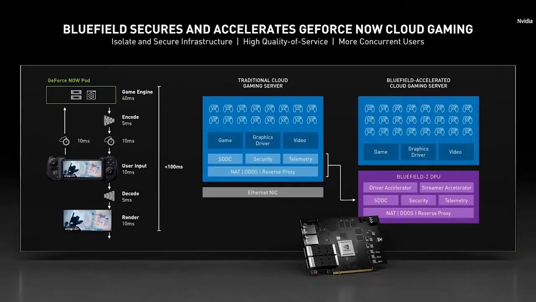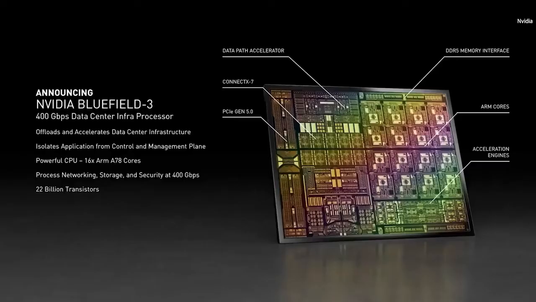With Bluefield, we can isolate the infrastructure from the game instances and offload and accelerate the networking, storage, and security. Though we're just getting started with Bluefield 2, today we're announcing Bluefield 3, 22 billion transistors, the first 400 gigabit per second networking chip, 16 ARM CPUs to run the entire virtualization software stack, for instance, running VMware ESX.